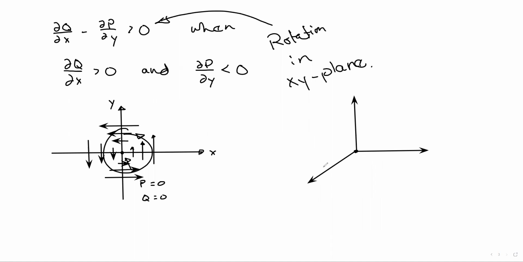As we move in the x direction, you're getting y vectors that are becoming longer and longer. As we move in the y direction, you get negative x vectors, and so on. So you get this type of behavior. That's the same picture here, just drawn in 3 dimensions.